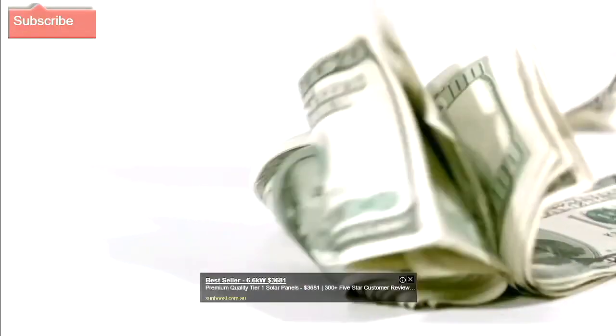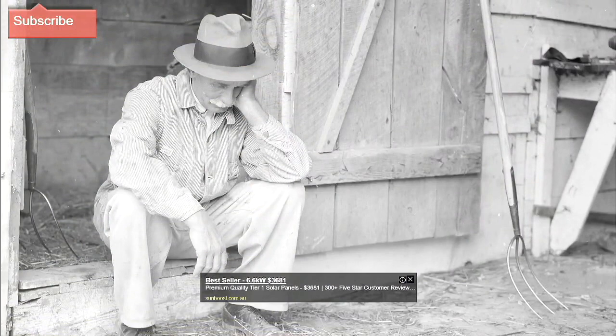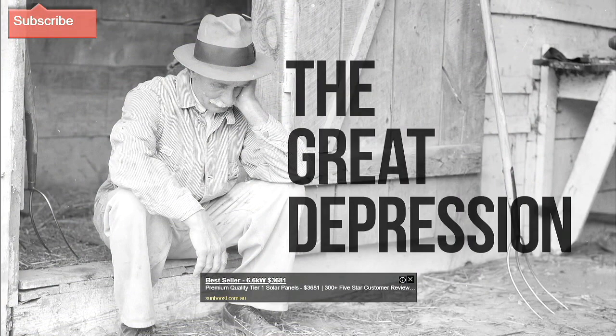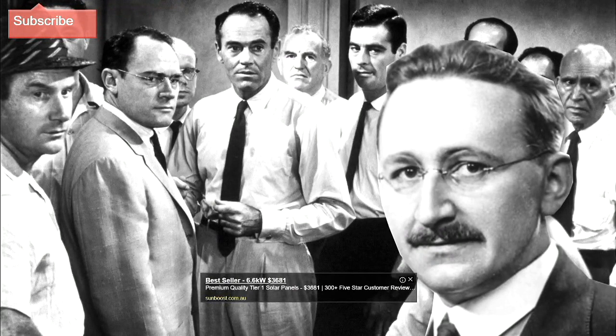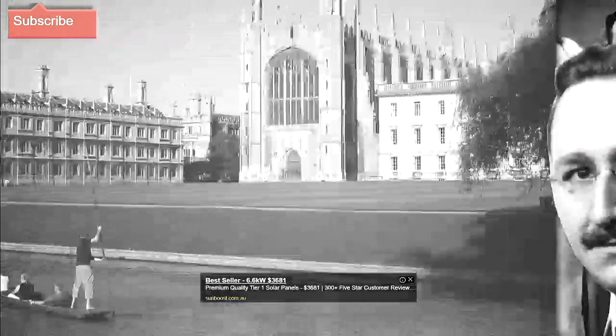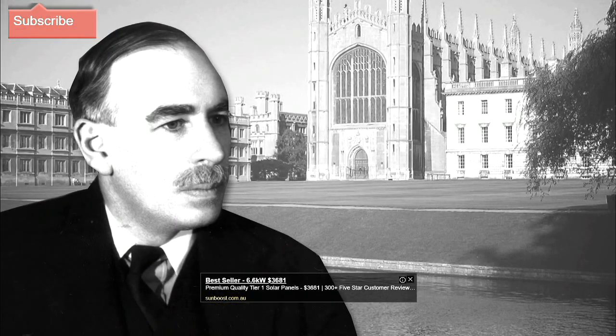Resisting the temptation to meddle in the money supply was, for Hayek, crucial to solving the problems of the Great Depression. Hayek's colleagues at the London School of Economics were receptive to his more classical approach. But up the road in Cambridge, a very different set of ideas was emerging, centred on the thought of John Maynard Keynes.